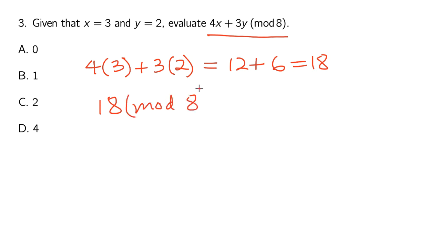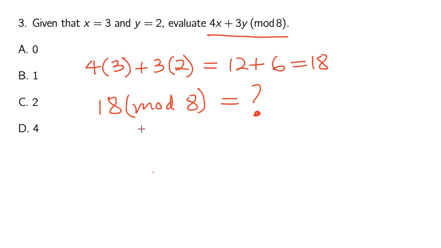So 18 mod 8 equals what? Now when we are writing a number mod 8, we are trying to subtract as many multiples of 8 out of it as we can to see the remainder.